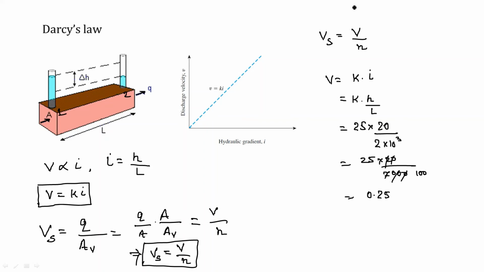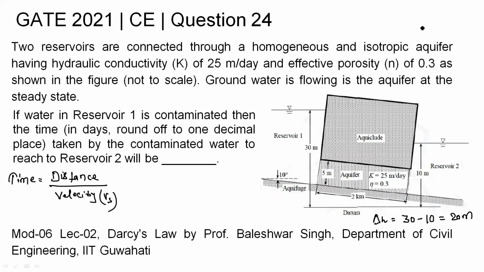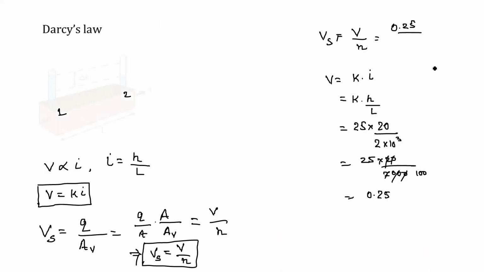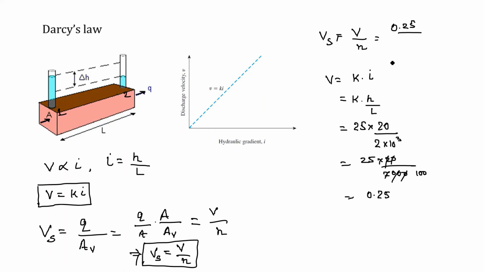Now we need to calculate the seepage velocity. By this equation, Vs is equal to V by n. V is 0.25, and n is porosity, whose value is given in your question as 0.3.